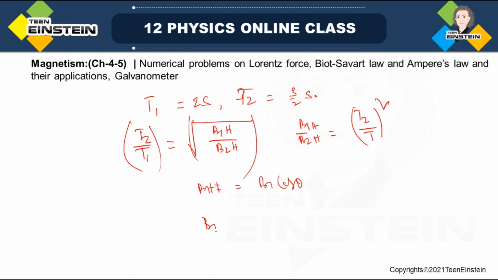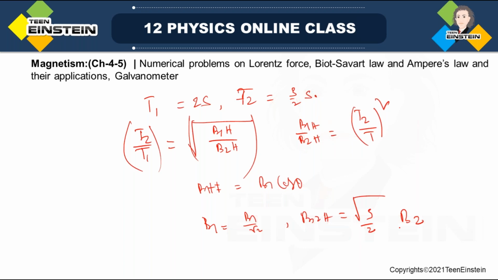B1H is B1 by root 2, and B2H is cos of 30 degrees, root 3 by 2 into B2.